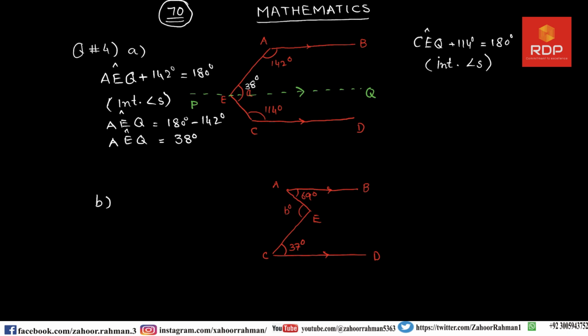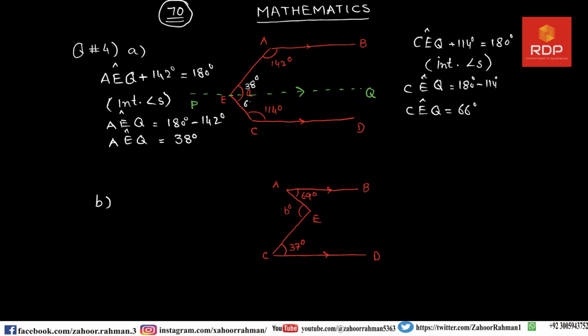So here we can write that CEQ is equal to 180 degree minus 114 degree, and when we subtract it, it will be 66. So CEQ is equal to 66 degree.